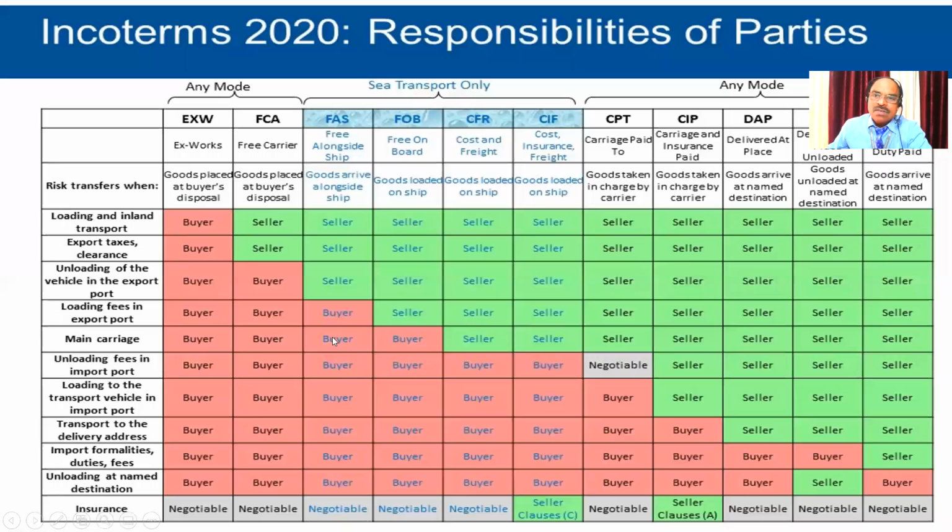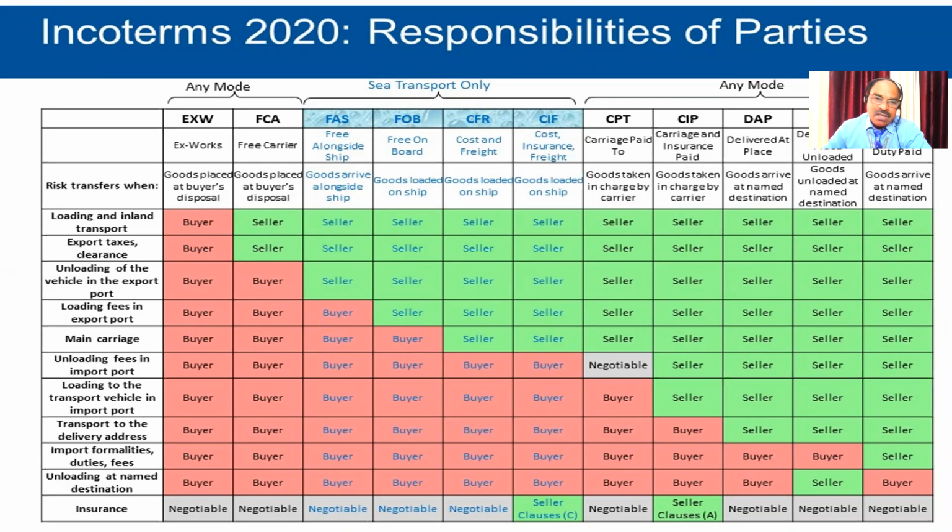Okay. So here are the responsibilities of the parties. Same thing we have discussed in the Incoterms. You can see the heading, any mode, and FAS, FOB, CFR, CIF refer only to sea transport, that is marine transport. The remaining are common. You can see the risk transfer we have already seen, loading and inland transport.